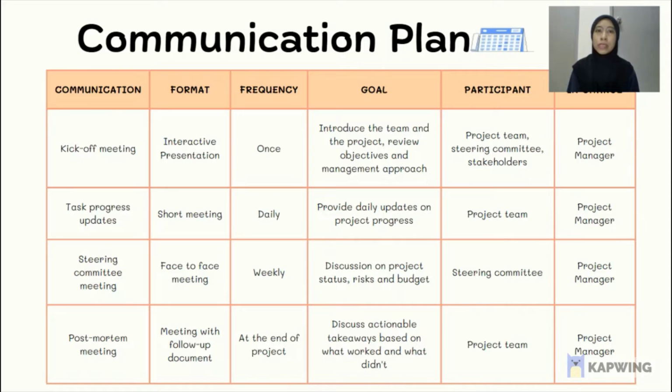The participant is the steering committee handled by the project manager. And the last one is a postmortem meeting. It's a meeting with a follow-up document at the end of the project. The goal is to discuss actionable takeaways based on what worked and what didn't. And the participants are the project team, and the in charge is the project manager. That's all for me. Thank you.